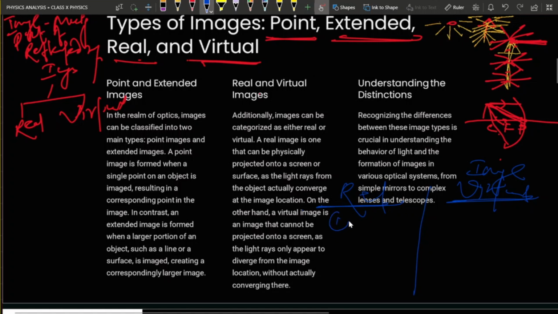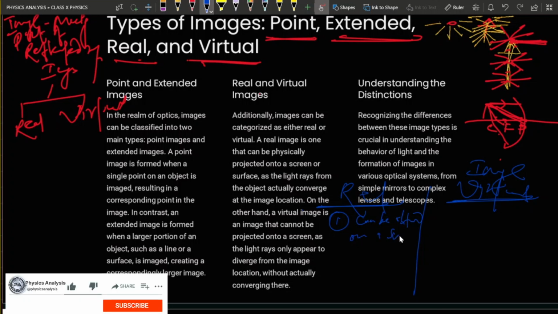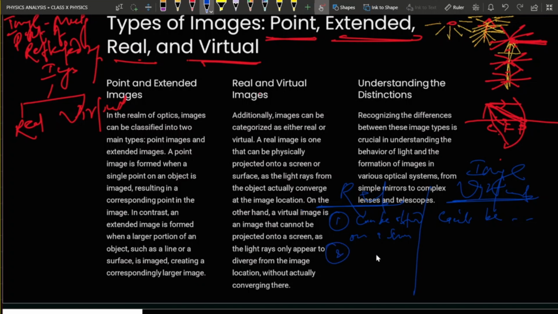A real image can be obtained on a screen. A virtual image can't be obtained on a screen. A real image is inverted, and a virtual image is erect. In a real image, light rays after reflection actually meet at a point.